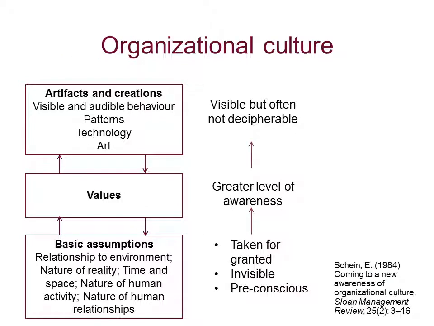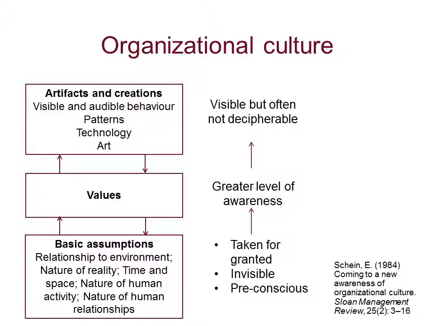Okay, Schein has a classic model which I'm going to mention here. It's normally shown as an onion model with an outside layer and a layer within that, and then a layer in the centre, a core. But I've shown it as an up-down model like this. So the bottom is the core, the top is the outside layer.